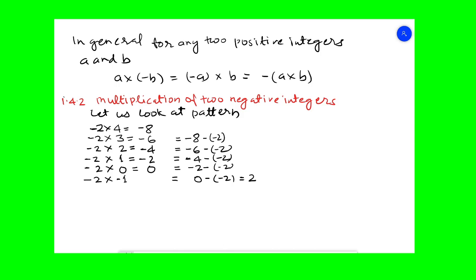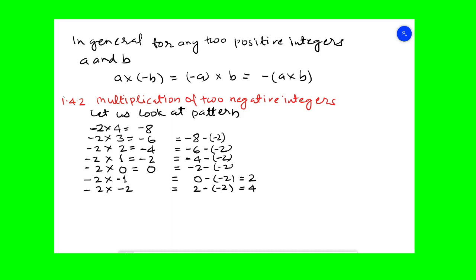Minus multiplied by minus is plus, so this is equal to 2. Minus into minus is plus. Now minus 2 multiplied by, I am gradually reducing, so minus 1, then minus 2 equals, what was our previous figure? 2. 2 minus minus 2, which is equal to 4.